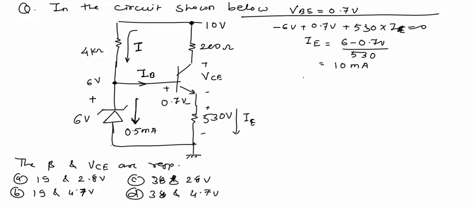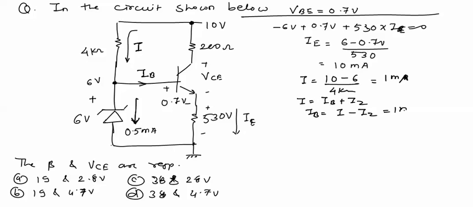So I equals 10 minus 6 divided by 4 kilo ohms, equal to 1 milliampere. And I equals IB plus IZ, so IB equals I minus IZ, which is 1 milliampere minus 0.5 milliampere, so IB equals 0.5 milliamperes.